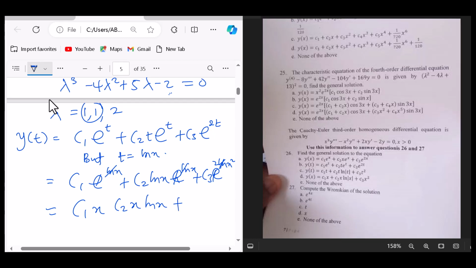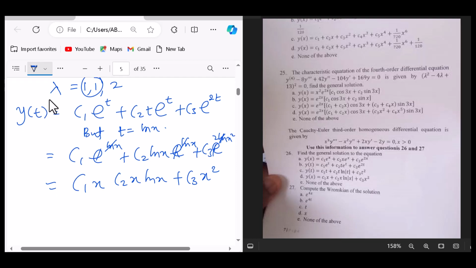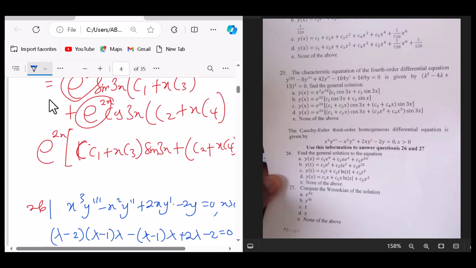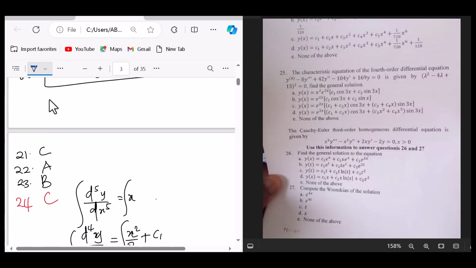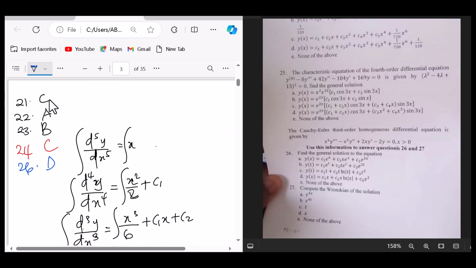Now it will just be plus c3 x squared, like this. And we can put this one in absolute value sign. So the answer there is D for our question 26.